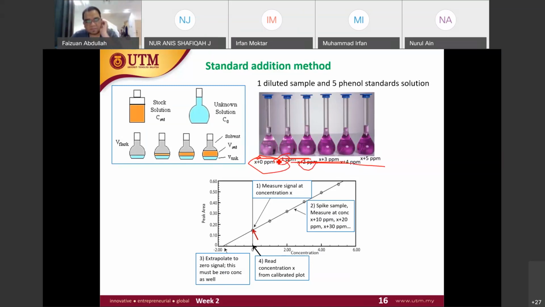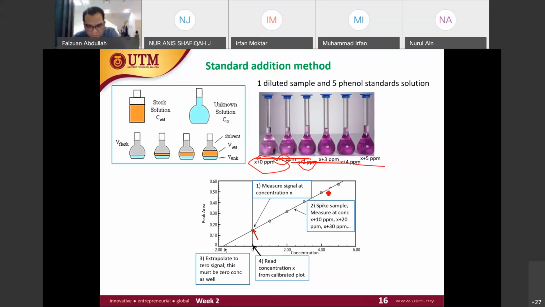Okay, x plus 0 is the sample itself without any addition of the standard, so the intercept must not be 0, because there is some analyte inside the sample that we need to know. Then we have a series of concentrations with increasing value because we add the standard solution, right?